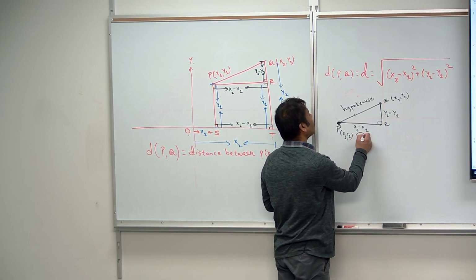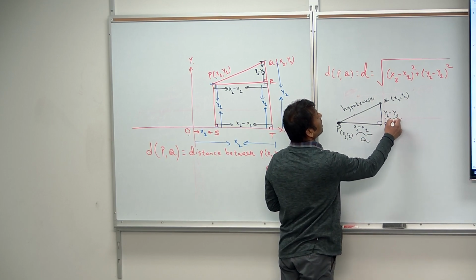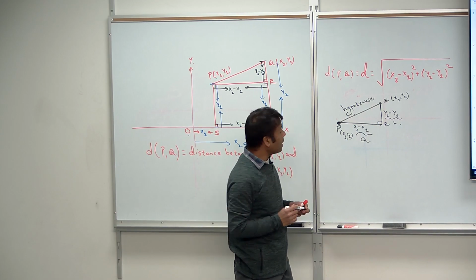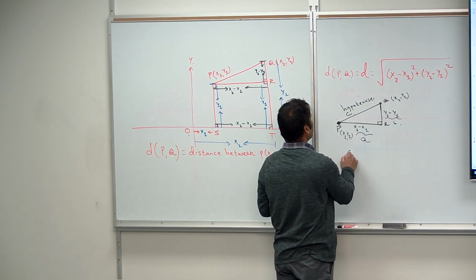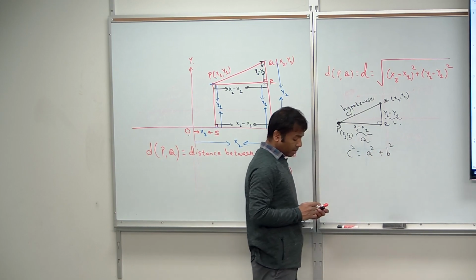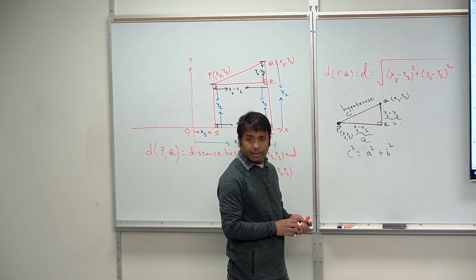So let's say this is A, this is B, and this is C, right? So the Pythagorean theorem tells you C square equals A square plus B square. Are you with me?